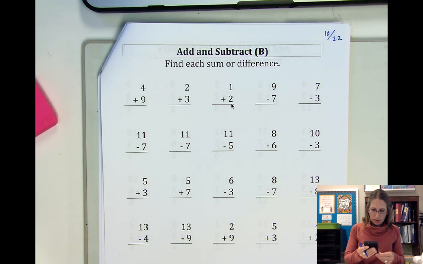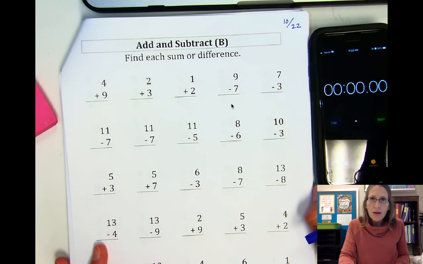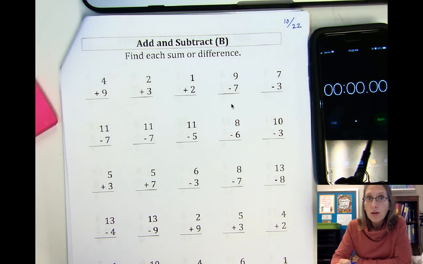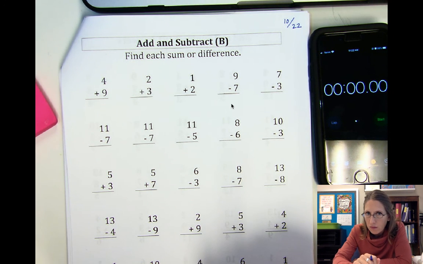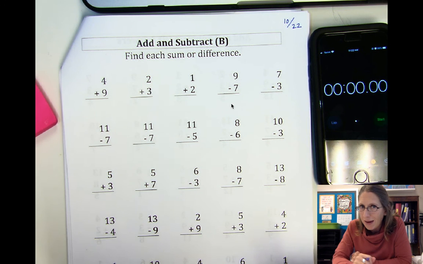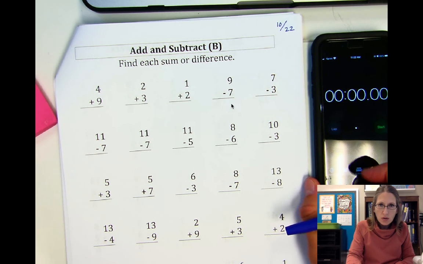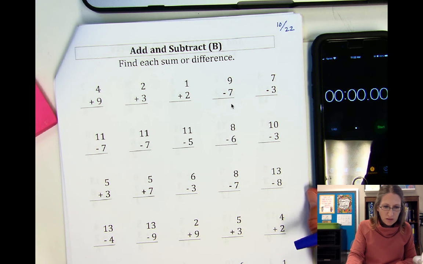My phone is a little dirty there. Okay, so maybe I will put my phone here and time myself. If you want to do this with me, you could pause the video, get your packet, and see if you could beat Miss Taylor. Can you beat me? Otherwise you could do your fact practice after the video, but I'm going to go ahead and see if I can do mine right now.